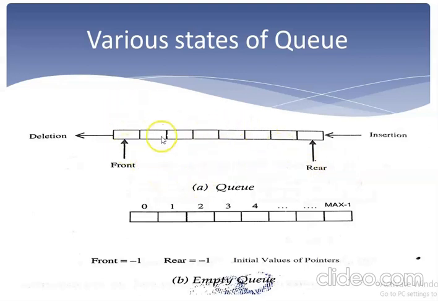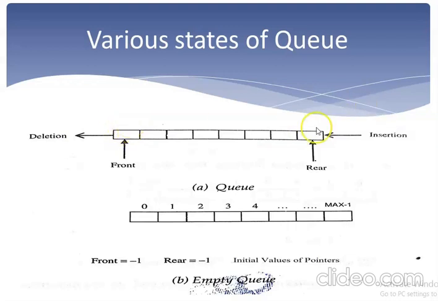So this is the structure of a queue, and we can insert values in these cells. These are identified by the queue name or array name along with the indices, which start from 0, 1, 2 and end with the upper bound limit max minus 1 if the starting limit is 0.